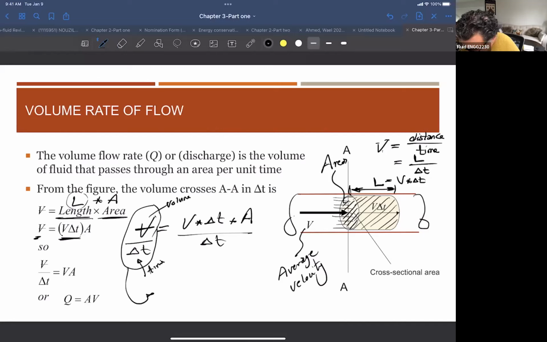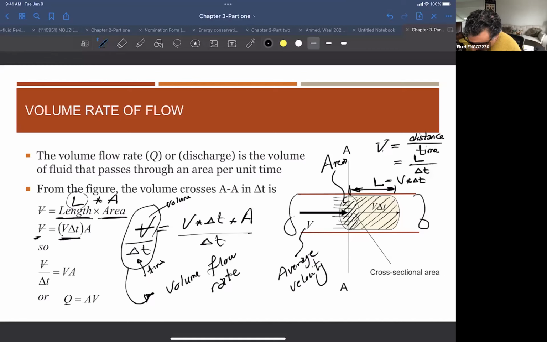I can call this quantity volume flow rate. Okay, so anytime we are calling a quantity with respect to the time, we are basically referring to the rate of this quantity. So the change of this volume with time is basically our volume flow rate.